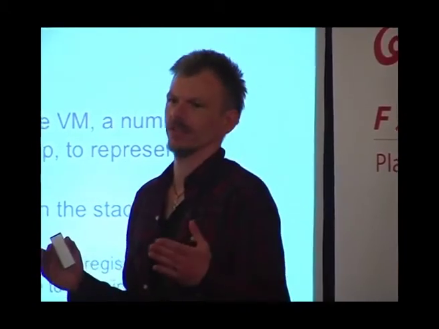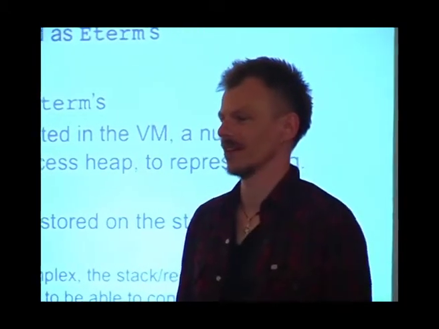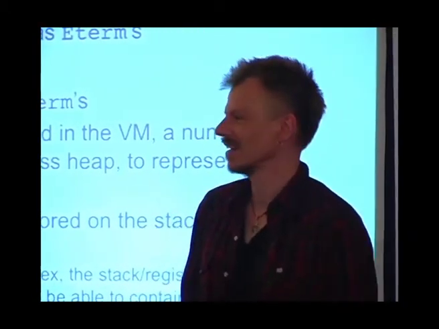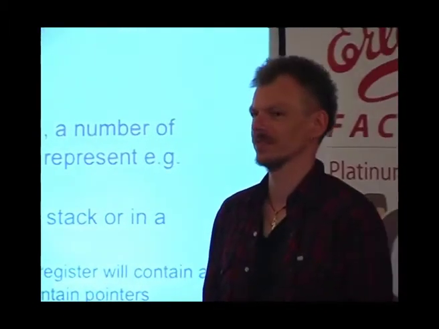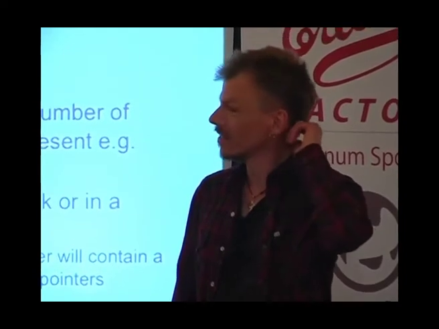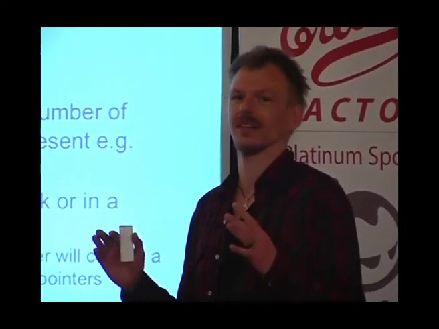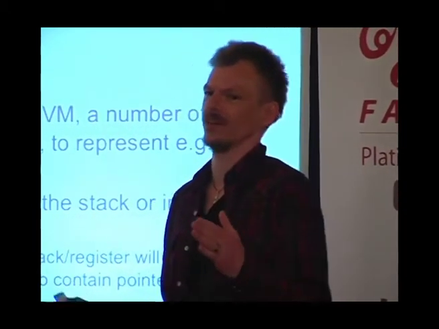So if you look at the virtual machine code, the subdirectory beam in the source code, you will find a lot of source files, of course, and if you look into them, you will see one data type that's everywhere, and that's the E term. An E term is the C view of an Erlang term.